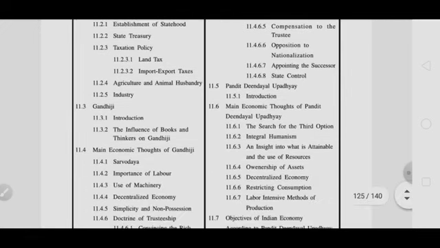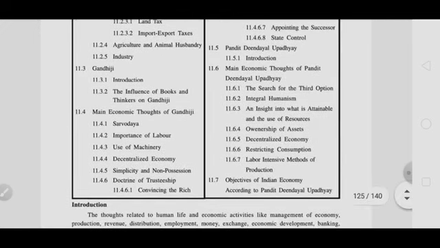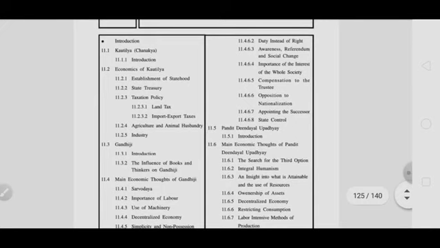Then secondly we'll discuss Gandhiji and his introduction, then the influence of different books and thinkers on Gandhiji and his main economic thoughts. You will be surprised to know that Gandhiji is also an economist, and he has given some very important points in economic studies.